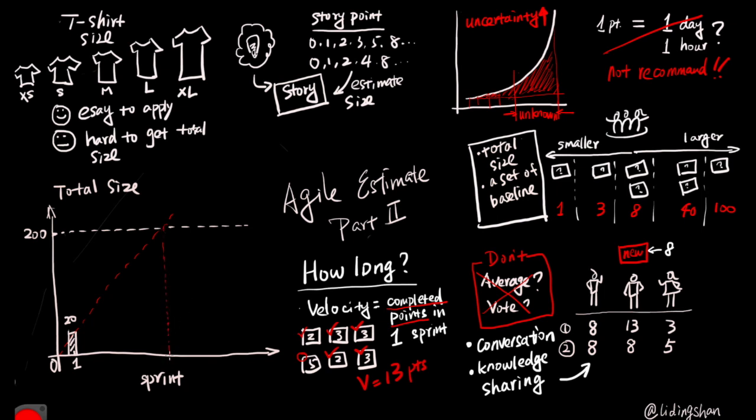Then, in the second sprint, the team may only complete 10 points. So the total completed work is 30 points. Then the team may adjust the prediction according to the average velocity. It could end up here. If some new ideas have been added to the backlog and the total size has increased to 250 points, then the possible end sprint will also change.